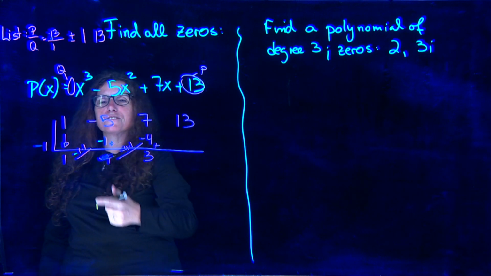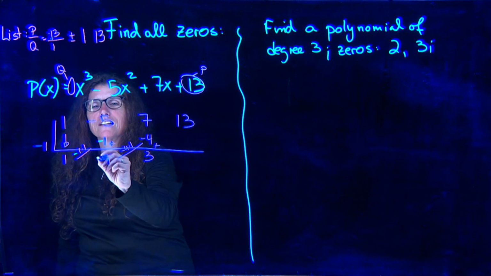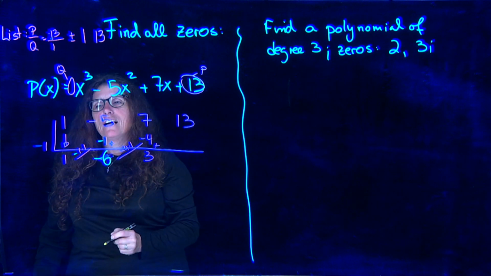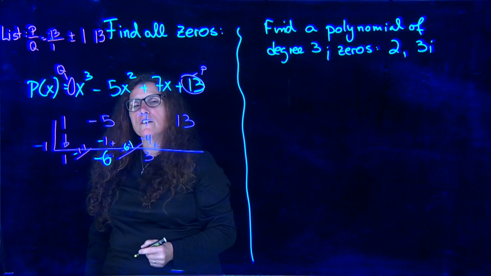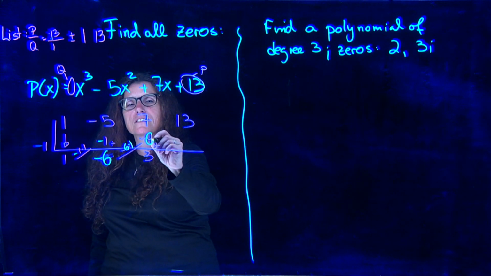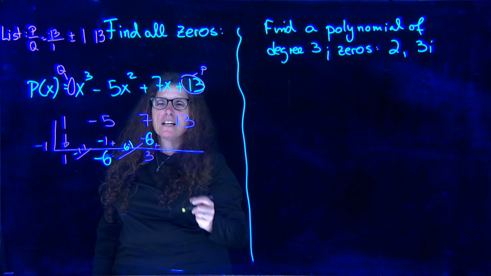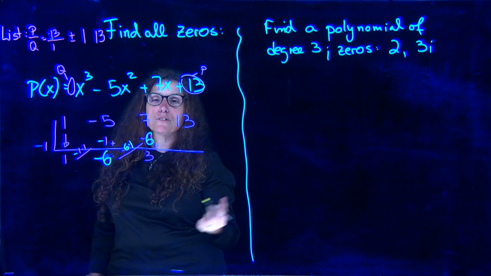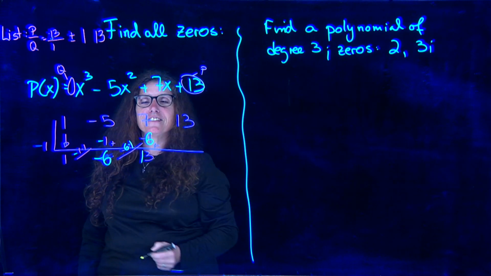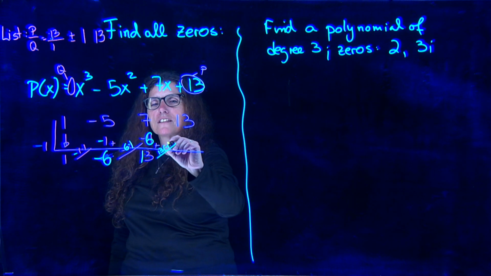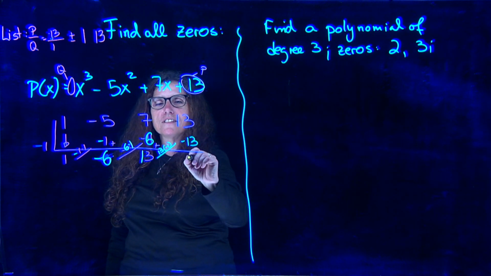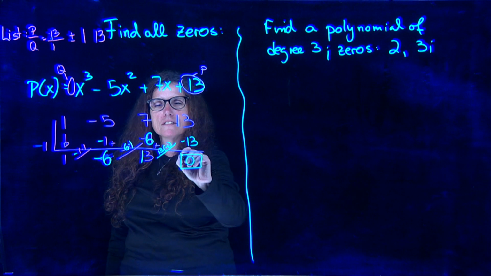Now if we add those two numbers, that gives me a -6. -6 times a -1 is a +6. And look at this, 7 plus 6 is 13. And 13 times a -1 is a -13. And guess what? My remainder is 0.